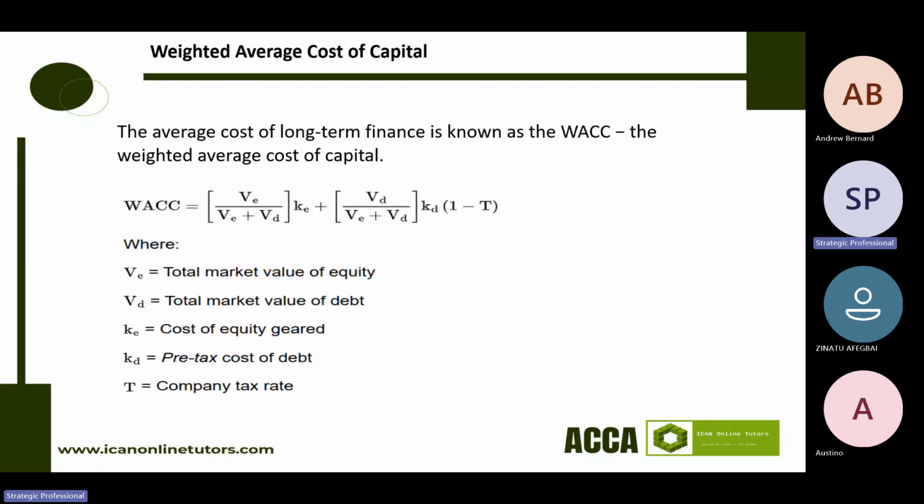So in advanced financial management, there's something called cost of equity geared and something called cost of equity ungeared. But for the ungeared part, we are going to be talking about that when we get to APV. So just note that cost of equity ungeared. But here we make use of cost of equity geared, right? And in addition, the value of debt divided by the total market value of equity and market value of debt, multiplied by the cost of debt and 1 minus T. So that's the formula for WACC.